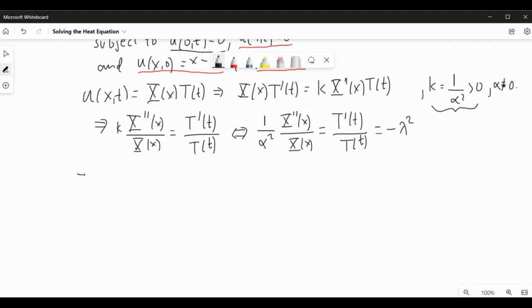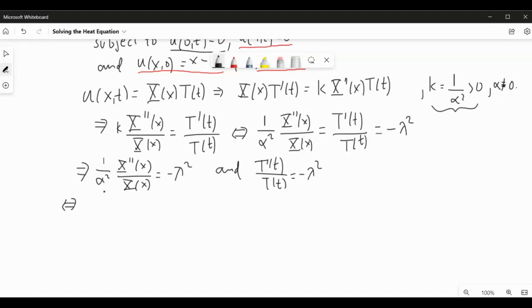So this will imply that I will have 1 over alpha squared times capital X double prime of x all over capital X of x equal to minus lambda squared, and capital T prime of t all over capital T of t equal to minus lambda squared.